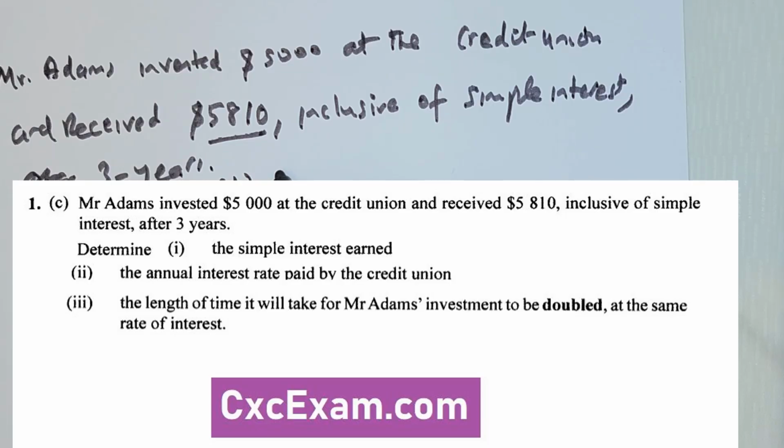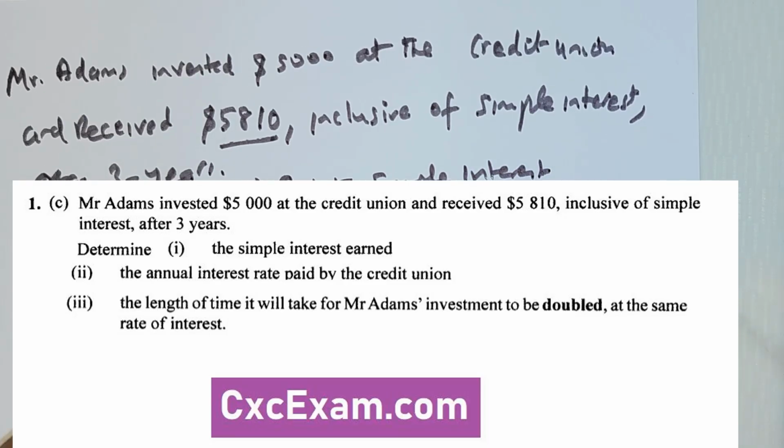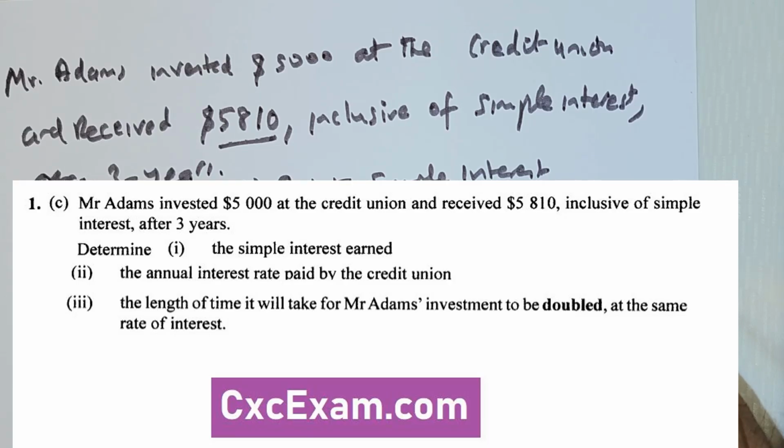First one is to find the simple interest. The second one is the annual interest rate paid.